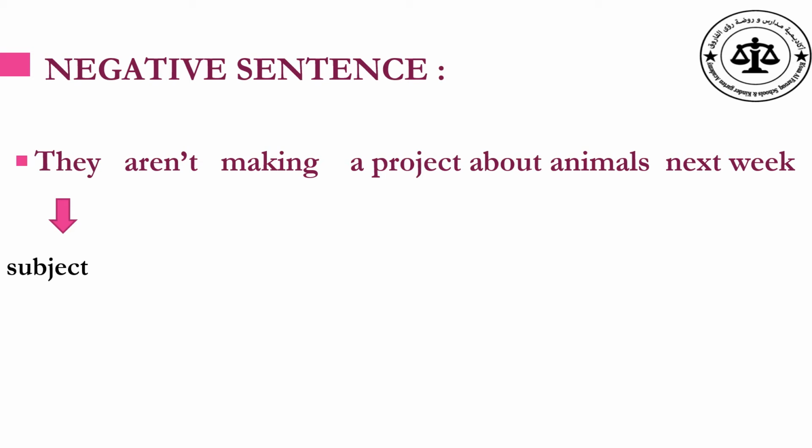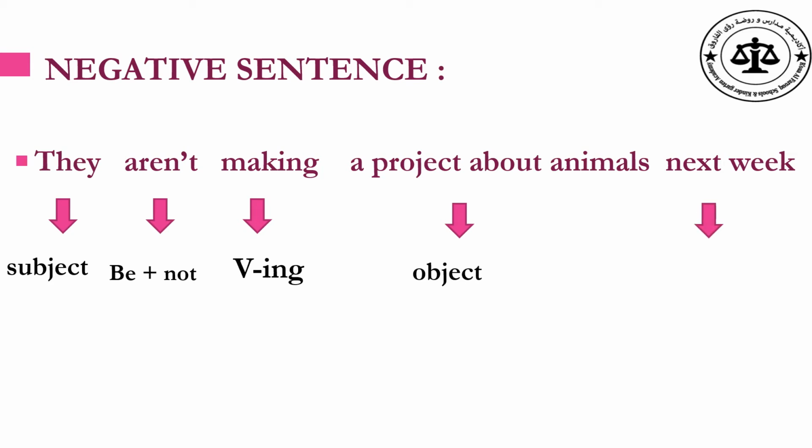Because it's plural, we have to put are, excellent, with not, because this is a negative sentence. After aren't, we use verb ing. Make with ing: we delete the letter e, then add ing. This is the complement, and next week is the keyword which indicates the future tense.